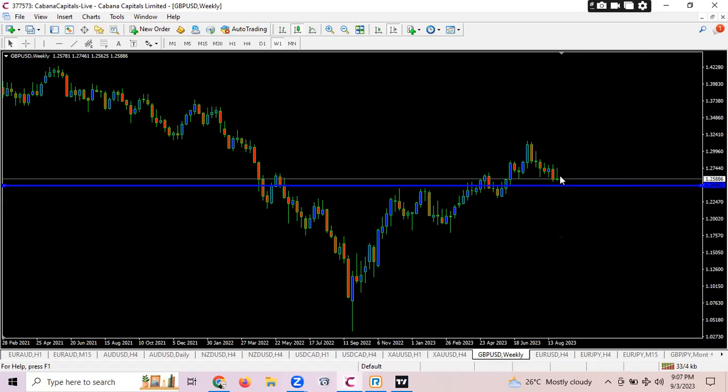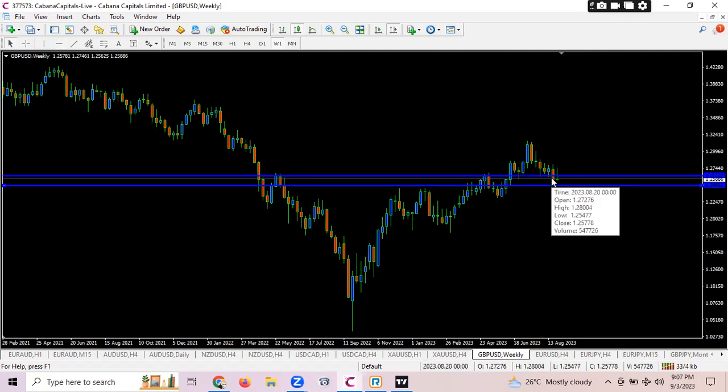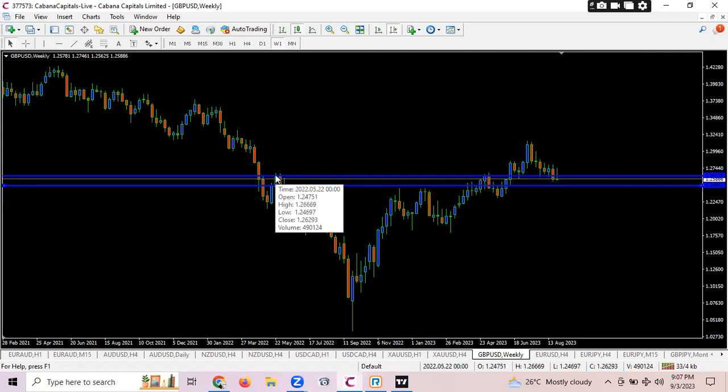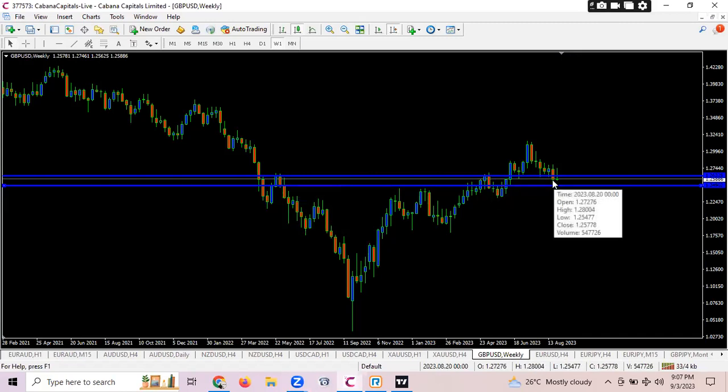So the monthly is bearish, weekly is bearish because there was a break from a previous resistance on support. You can see this was a resistance on support, and the previous two weeks' candles closed below this support, indicating that we have more sellers than buyers.